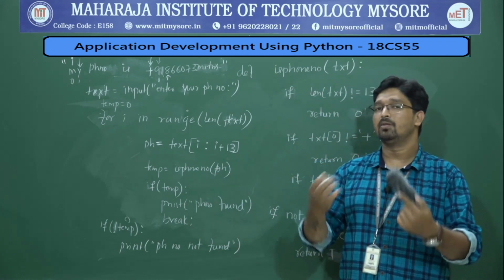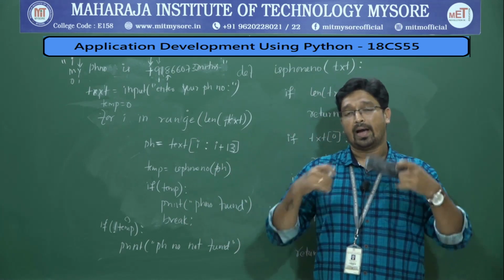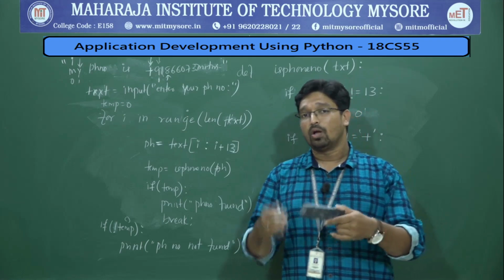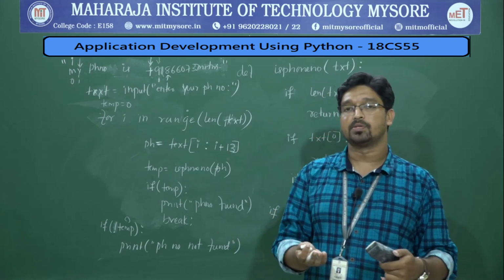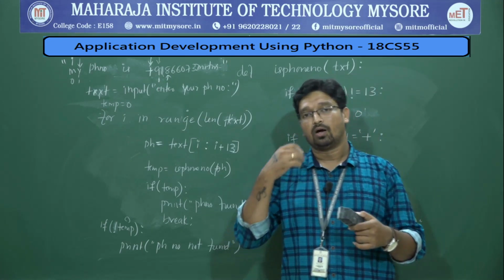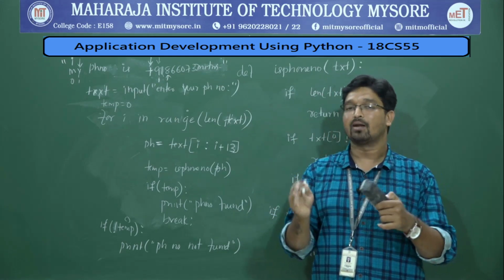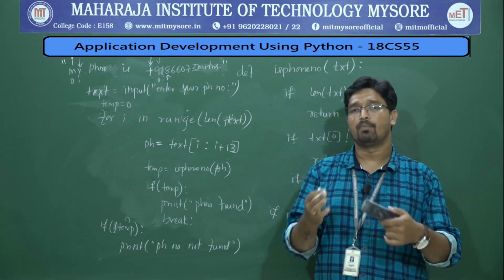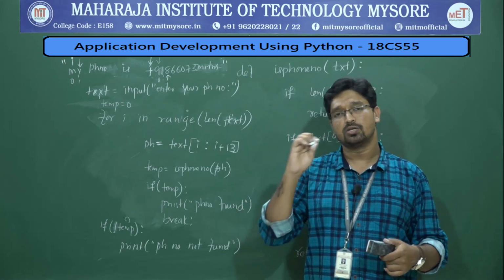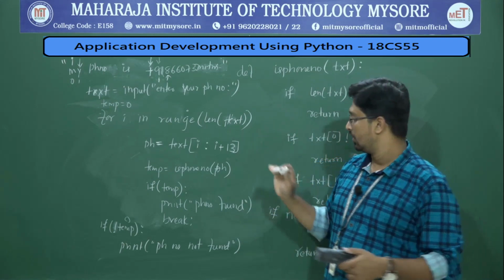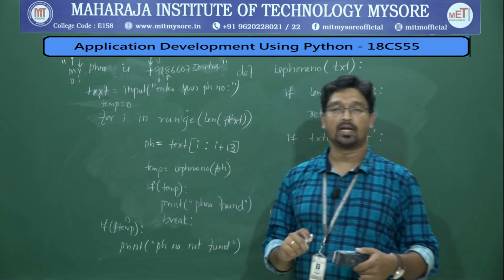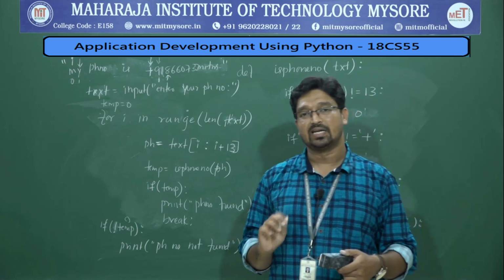But in Python it is very simplified. I am telling you how a manual regular expression works, how we check a particular pattern manually without the help of any pattern recognition method. This is how you recognize a phone number from a sentence.